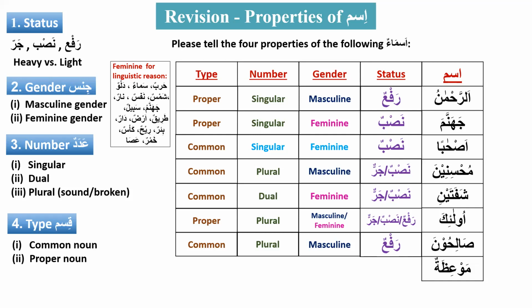Are you sure, or are you just guessing? Yes, it is rafa because it's a singular word and it has two dhammas on the last letter.